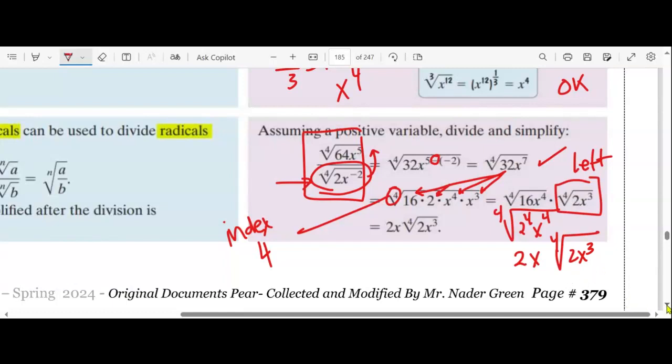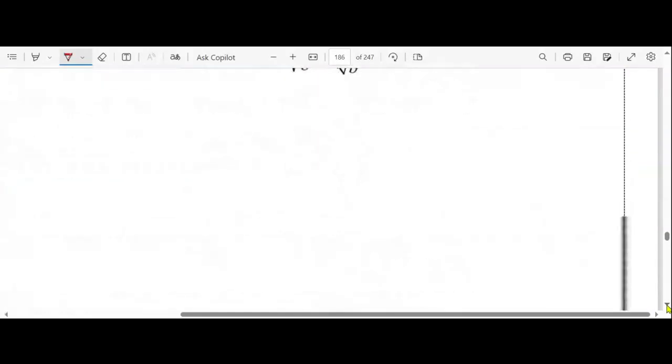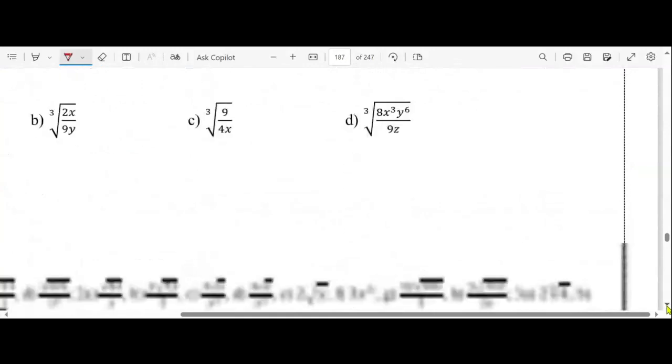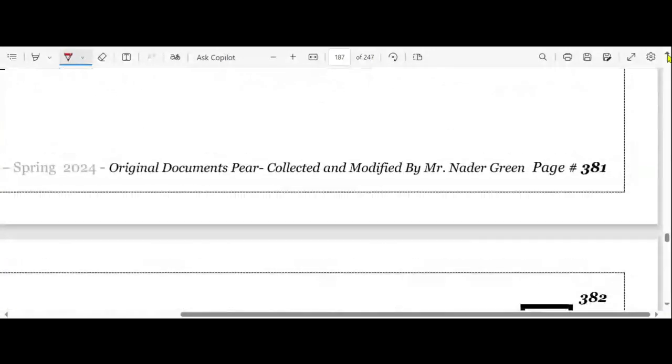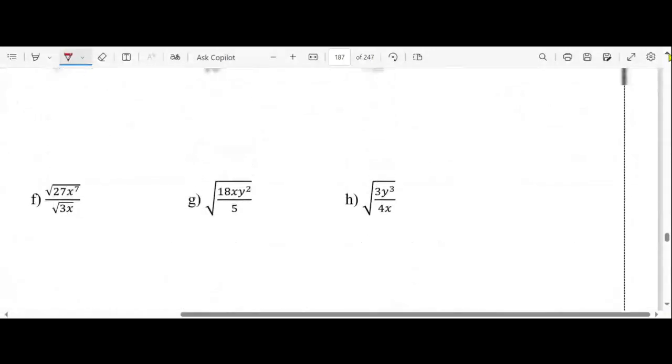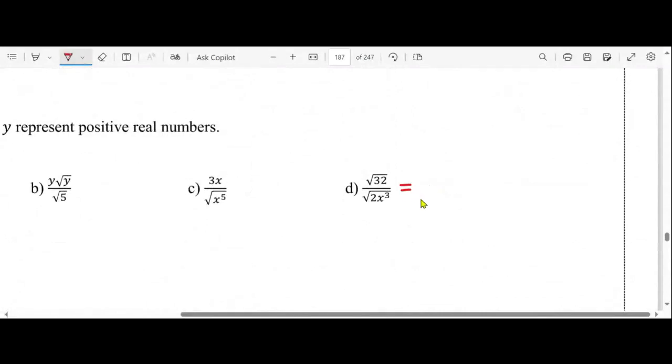Okay? Let's take an example. Here, what can I do? Combine them together. 32 divided by 2 over x squared times x, correct? Now, 32 divided by 2, what do you get? 16.